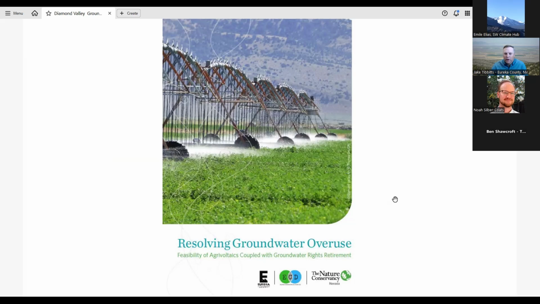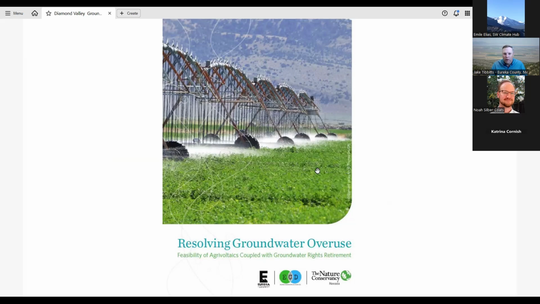It's essentially looking at the feasibility of the water rights retirement and then transitioning these lands to agrivoltaics, or solar power installations that still have that agricultural component. And we're looking more at dry land type agriculture, grazing, maybe some native seed production and other things. But this report is now pushing us into the second phase where we're looking at establishing a demonstration project to prove out some of these concepts.